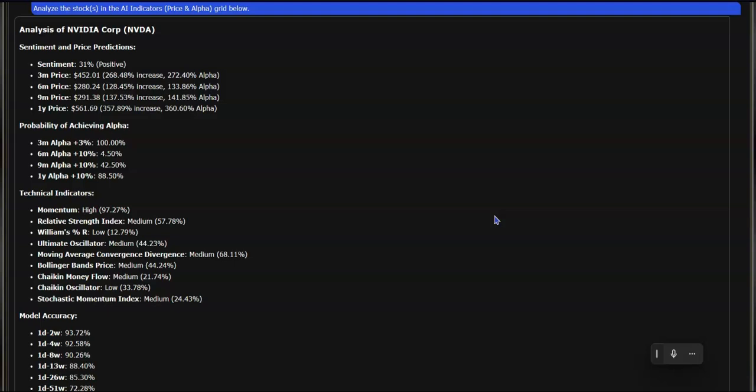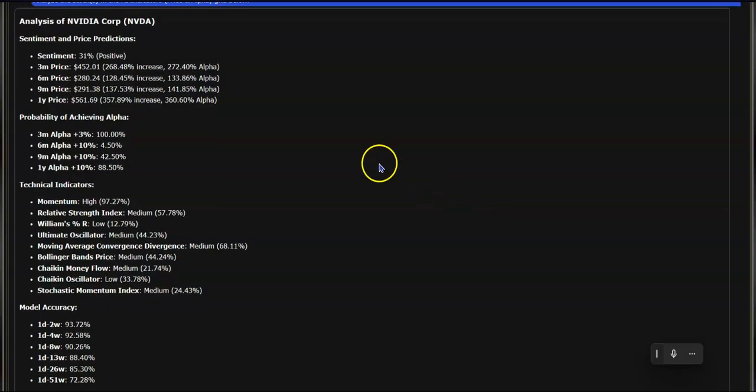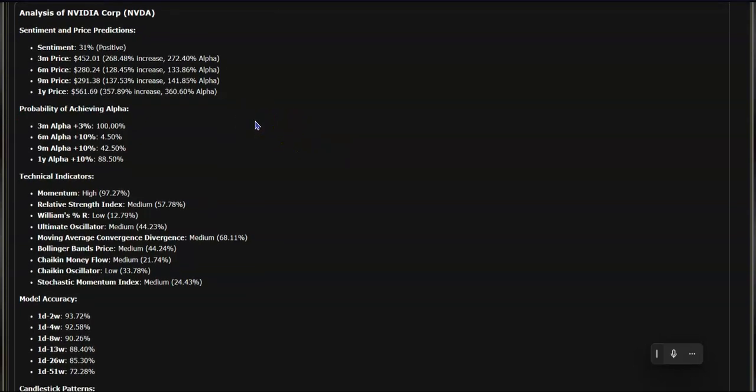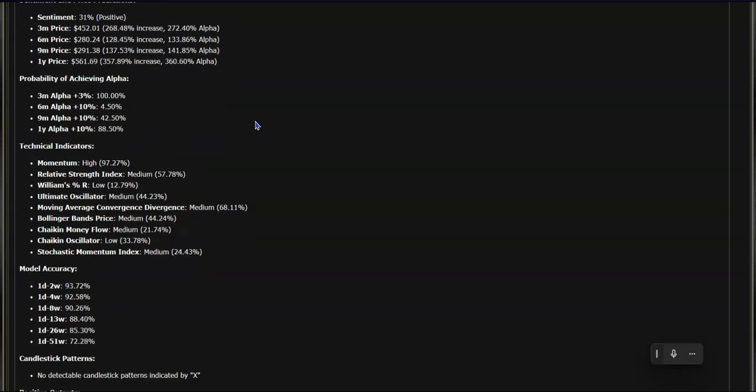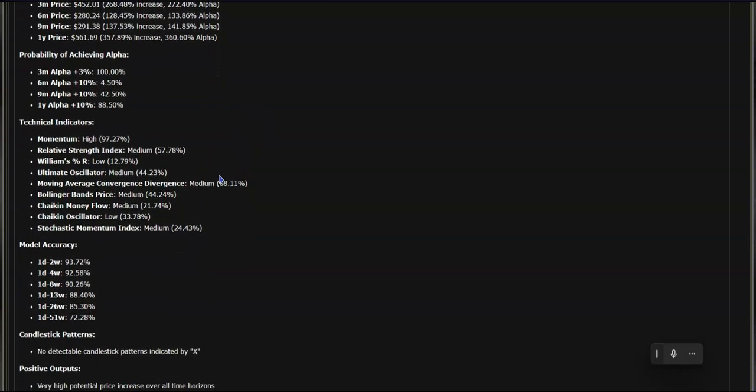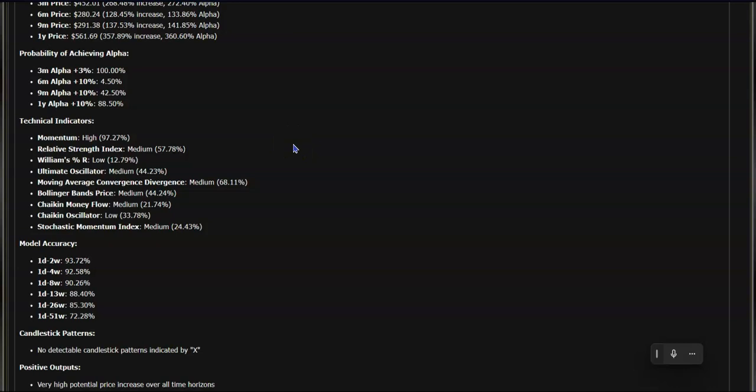And here we go. So now we can see the analysis of NVIDIA first, looking at sentiment and price, probability of alpha, technical indicators. We actually use a clustering model to look at pattern recognition of all different technical indicators.